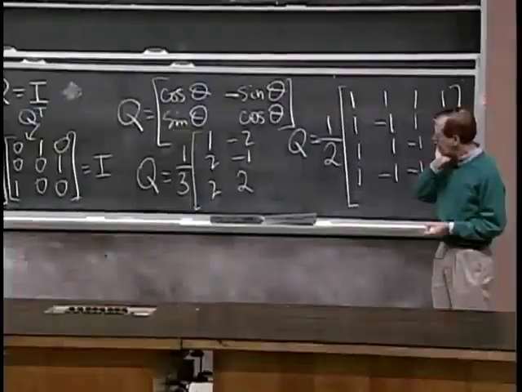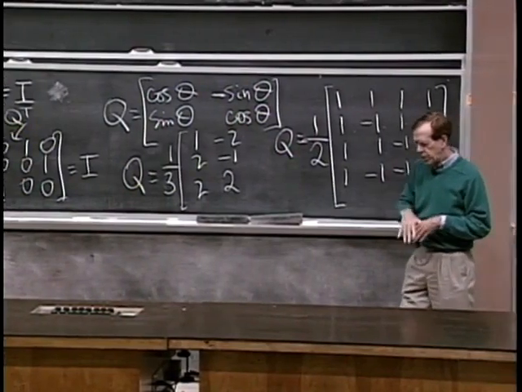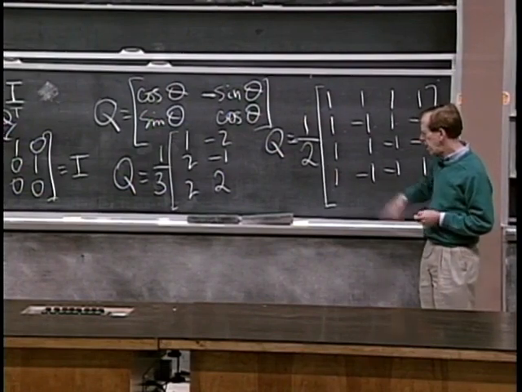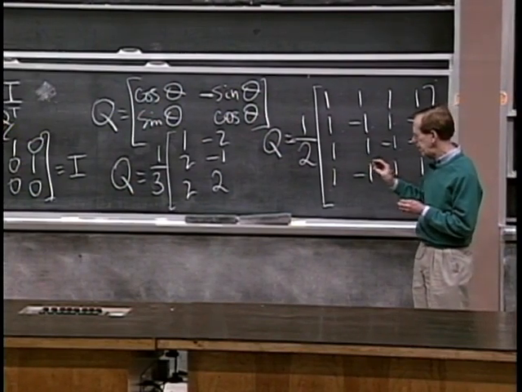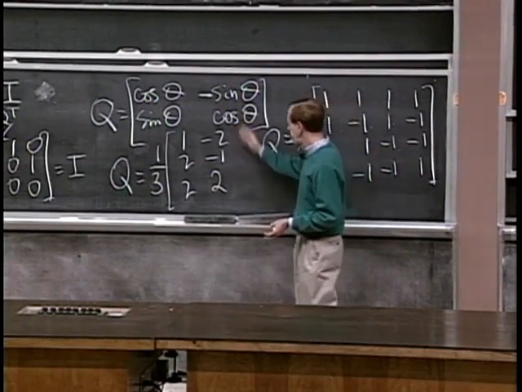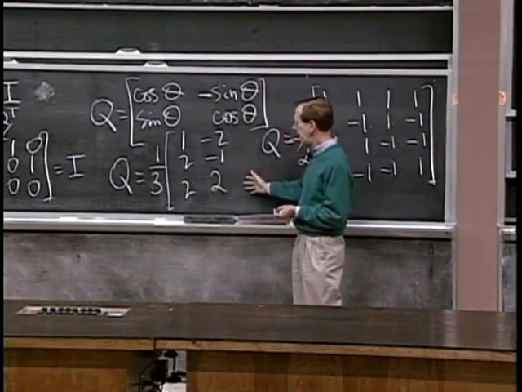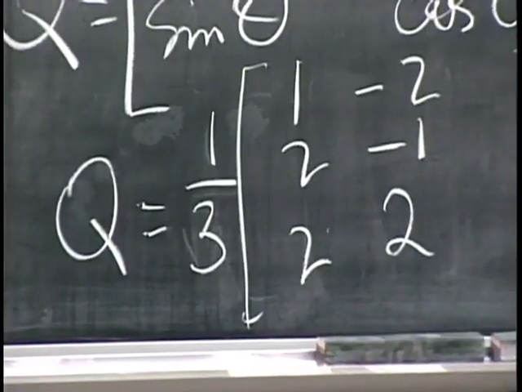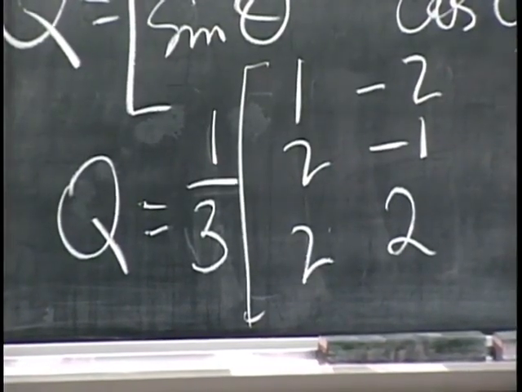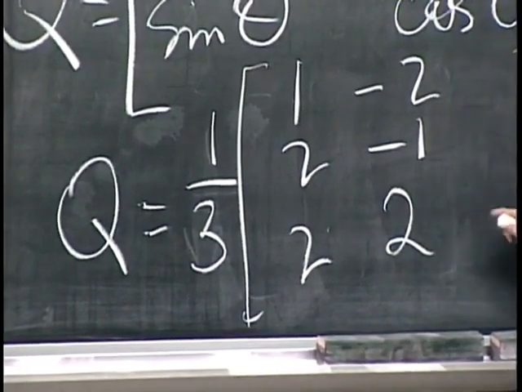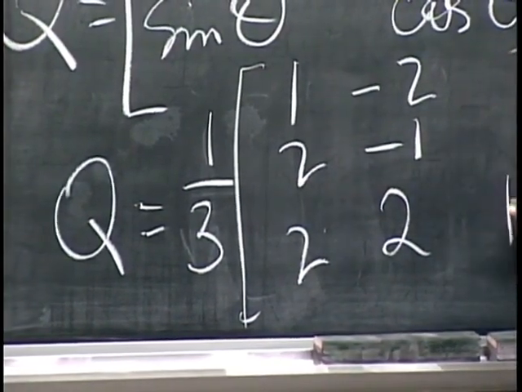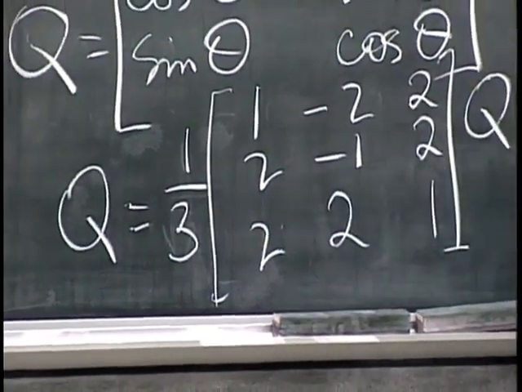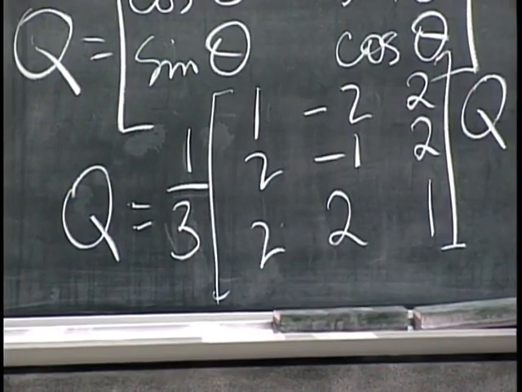Now, if I wanted to create now a third one, I could either just put in some third vector that was independent and go to this Graham-Schmidt calculation that I'm going to explain, or I could be inspired and say, look, with that pattern, why not put a 1 in there and a 2 in there and a 2 in there and try to fix up the signs so that they worked?